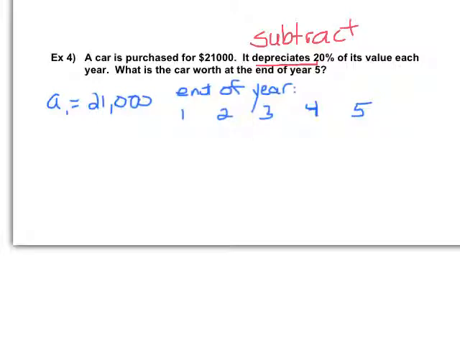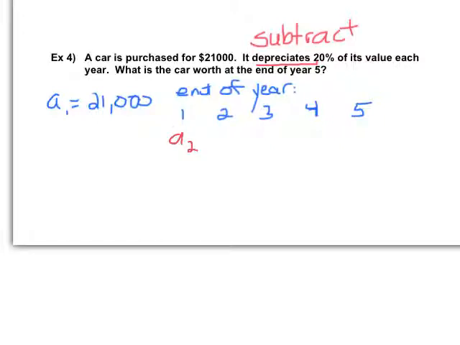Now we have to be careful with the way this is worded, and I always lay it out to make sure I'm doing the right thing. I want to know, what is the car worth at the end of year 5? I bought it at the beginning of year 1. So at the beginning of year 1, a sub 1, it was $21,000, which means at the end of year 1, that's my second term.